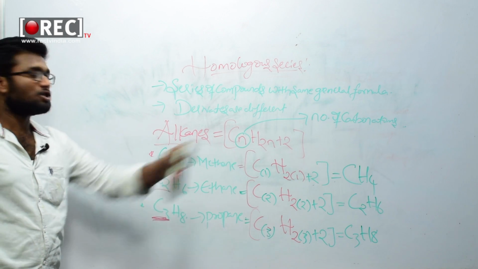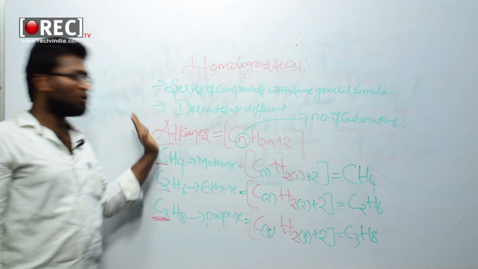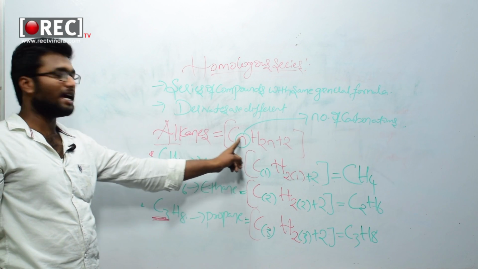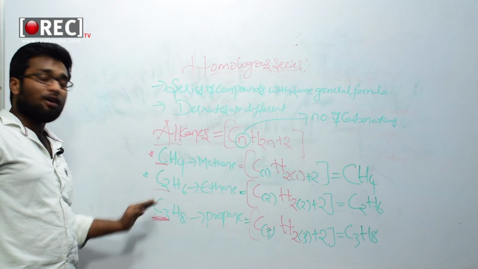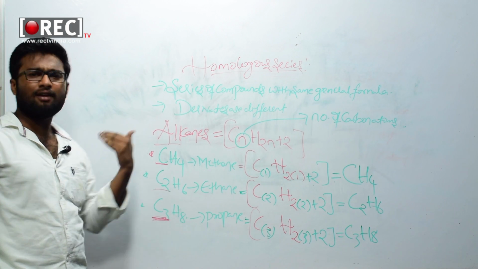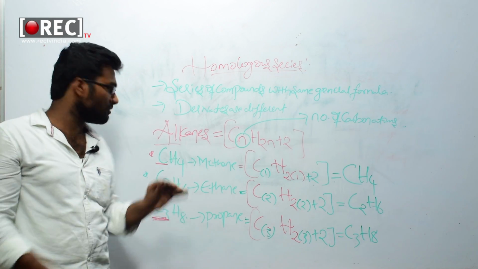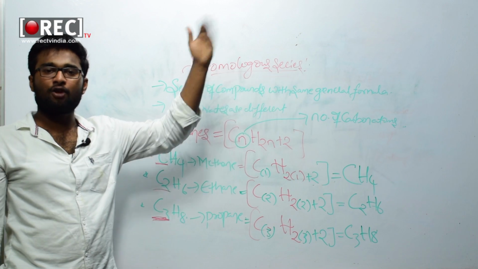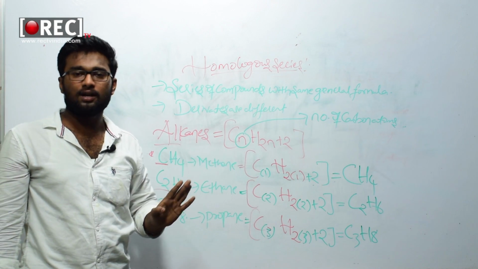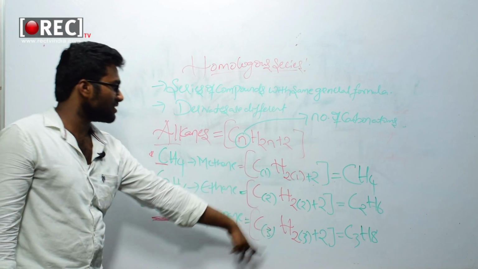So these kinds of compounds have the same general formula with so many derivatives, as we can derive alkanes using this general formula up to 20, 30, 40, 50. Have a look over this.